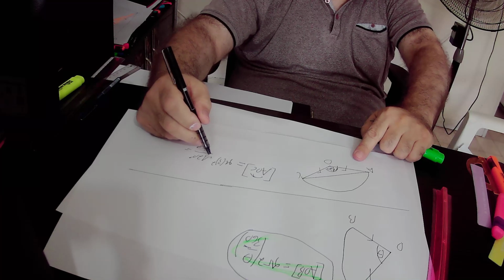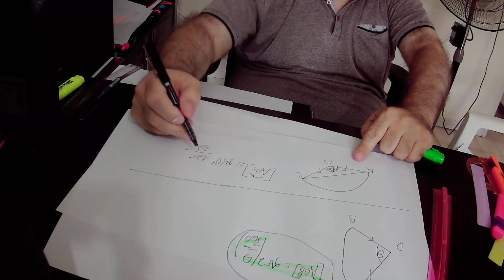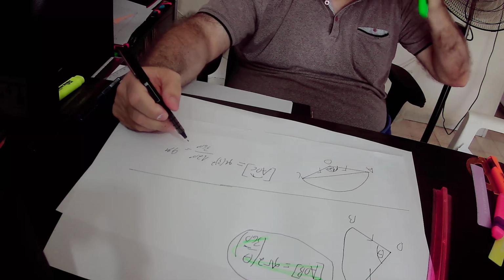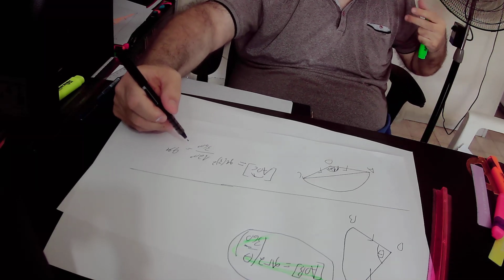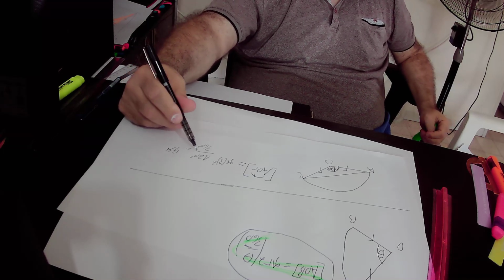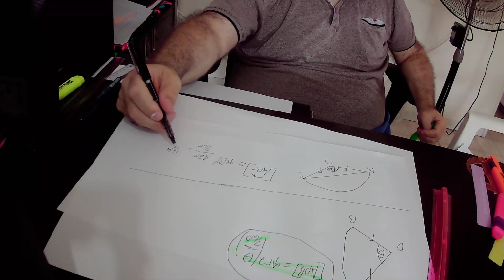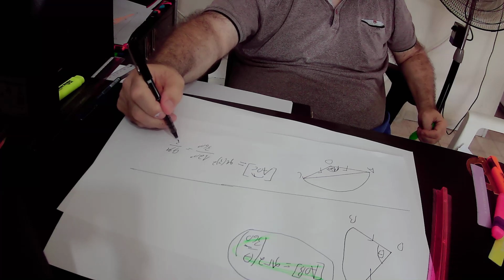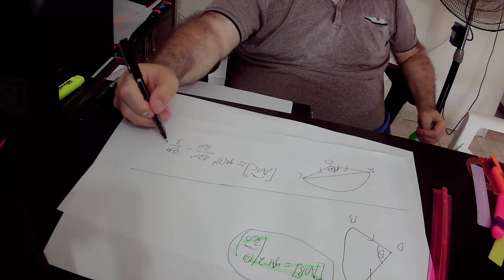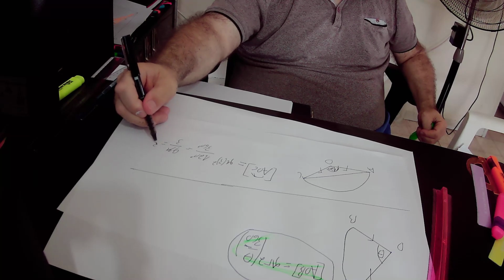3 squared is 9, so this expression in total equals 9 pi. 120 degrees over 360 degrees is 1/3, so here this will be 9 pi over 3. 9 over 3 is 3, so in total this expression equals 3 pi.